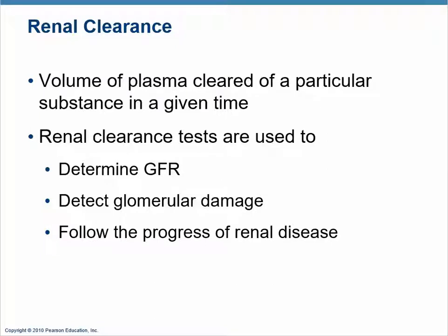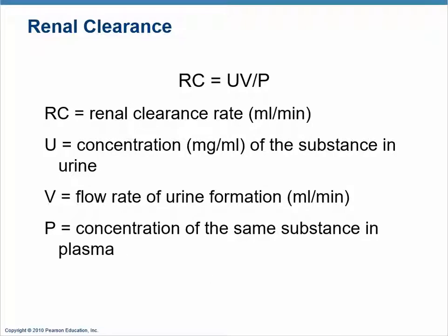So when we talk about renal clearance, it's the concentration of the stuff in the urine times the flow rate of the urine over the concentration of the same substance in the plasma. Now, you'll never have to use this formula, but this is how they come up with it. You'll read a lot about renal clearance, but you won't actually be calculating it.